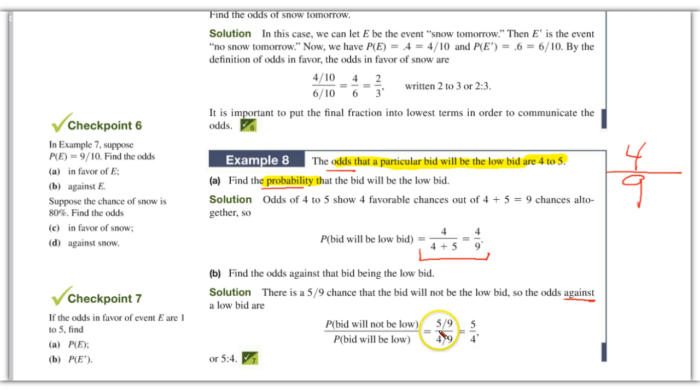They're putting it in a combined fraction form, but these 9s actually just cancel out, and you get 5/4. And I may have missed the not the low bid. So 5 is not the low bid. And again, there were 9, so it's just 5 out of 9.